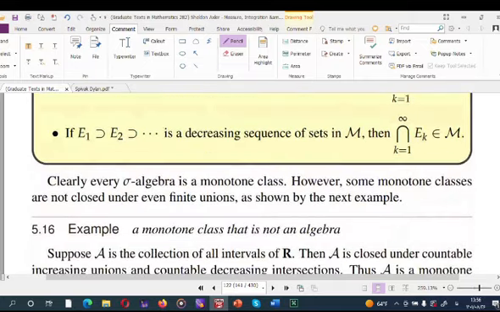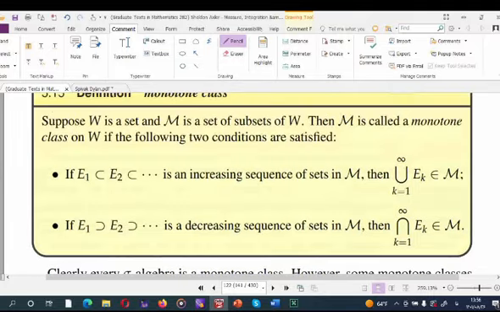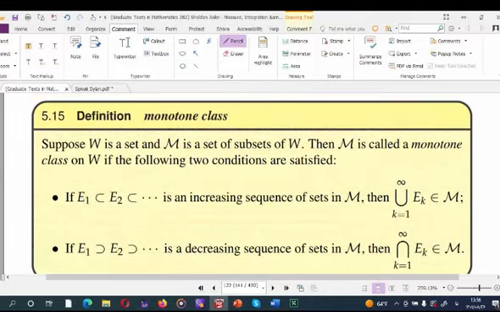Clearly, this is a good example. Every sigma algebra is a monotone class because we know that in any sigma algebra we have these two properties: for any increasing sequence we have this, and for any decreasing.